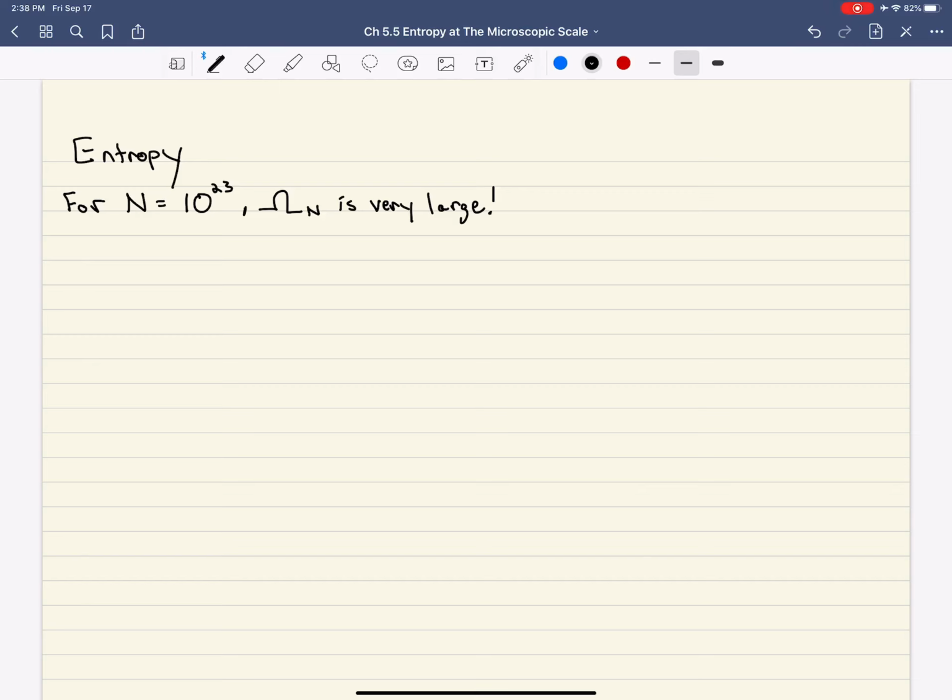So to make our discussion of the number of ways we could arrange the molecules in the system a little bit more tangible, more manageable, what we're going to do is define an equation, I guess I'll say. Define the following term.